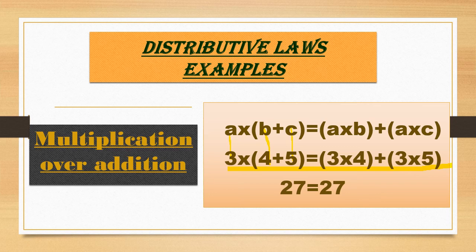It states that multiplying a sum by a number gives the same result as multiplying each addend by the value and adding the products, as shown below, we get the same answers on both sides.